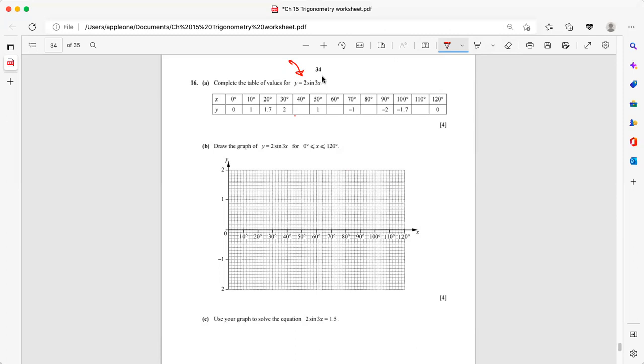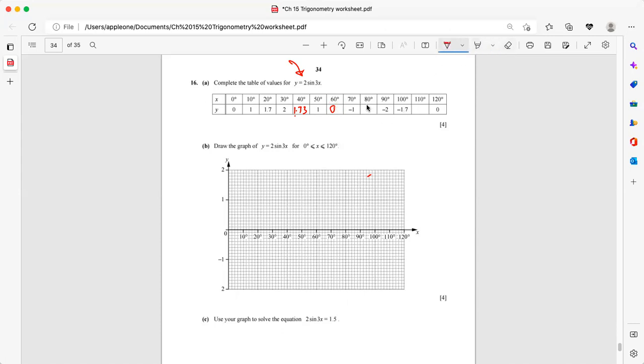So this is basically 1.73. This is what? 3 into 60 is 180, sine 180 is 0.